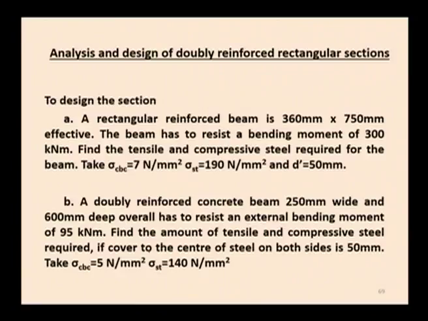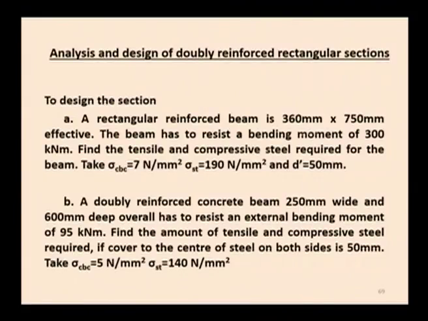Here is the first problem, a doubly reinforced section. This is the reinforcement at the tension zone, AST, which is equal to AST1 plus AST2, and this is ASC, which must be placed at D dash from the topmost extreme fiber.